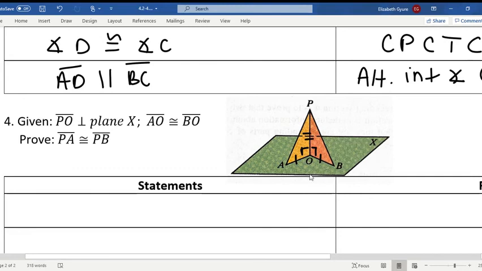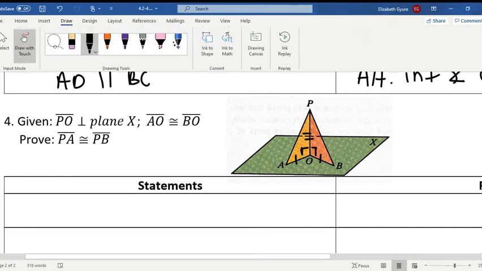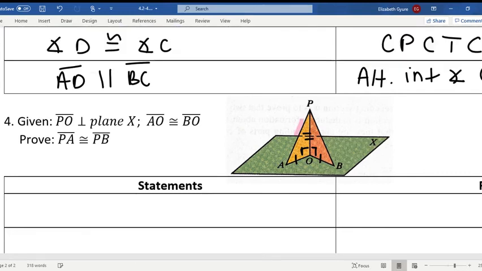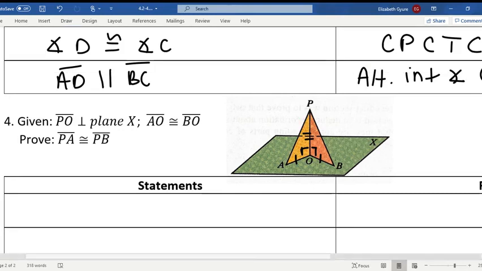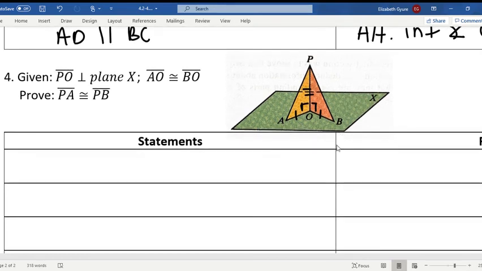Once we've shown that the two triangles are congruent, will we be able to show that segment PA? Well, that doesn't show up at all because of the green. I picked a bad color. But will we be able to show that segment PA is congruent to PB? Yeah, because they're corresponding parts, right? So that's what we need to do. This picture makes it look a lot weirder than it is.